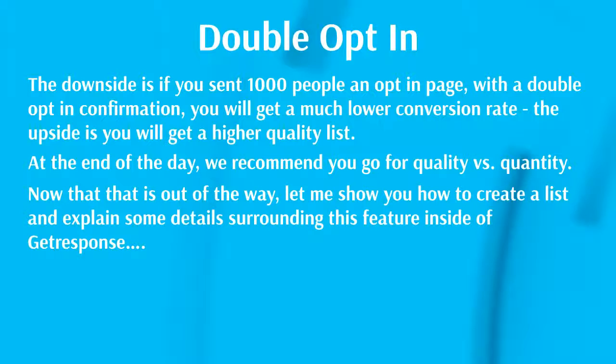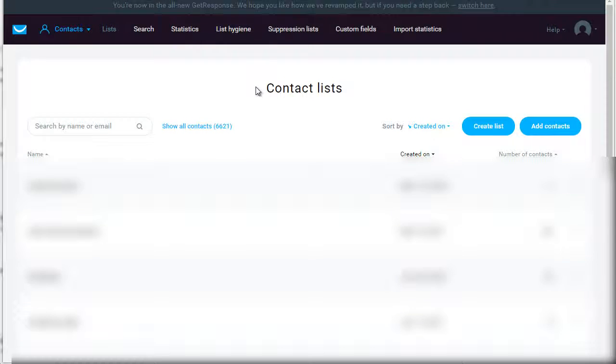So now that that is out of the way and we've talked about the fundamentals and some advanced strategies, let me show you how to create a list within GetResponse and explain some details surrounding this feature inside of GetResponse. Okay, so as far as creating a list, it's actually very easy to do once you understand how everything is laid out.